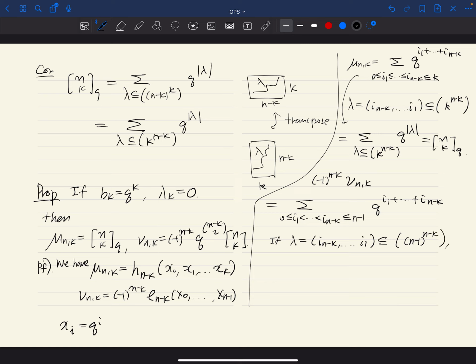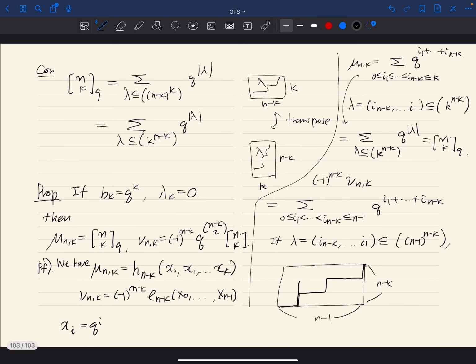Then let's draw the diagram. n minus k, n minus 1 here, n minus k here. Maybe I can make it a little larger. There is still a path from here to there, but you have to always go up like this. I mean, you cannot go up, because then these have two equal parts, right?